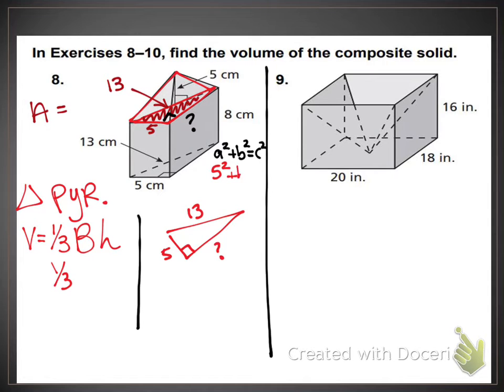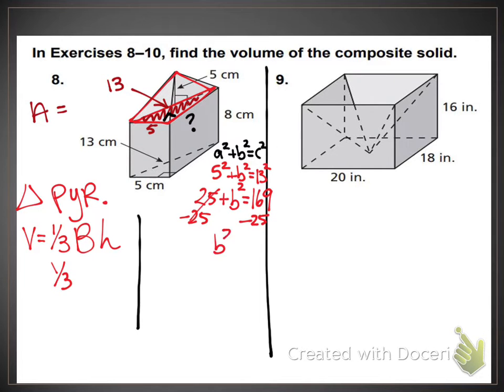So 5 squared plus b squared equals 13 squared. 5 squared is 25 plus b squared equals 169. Subtract 25. B squared equals 144. Last step. Take square root. So then that missing side is 12.